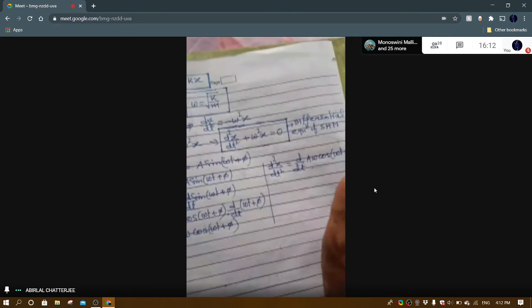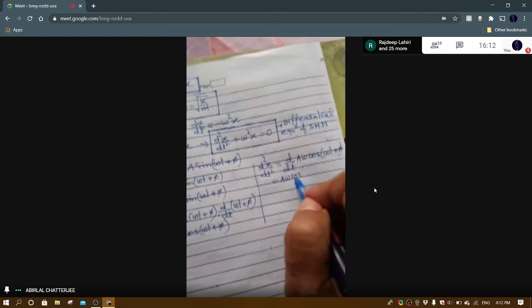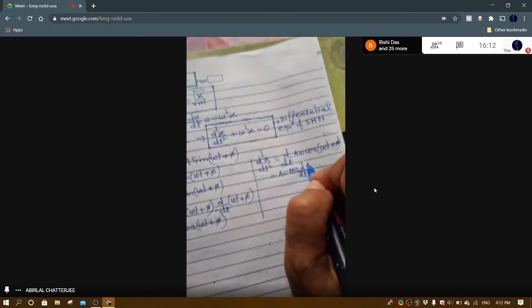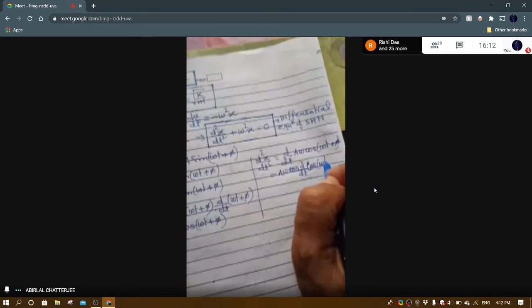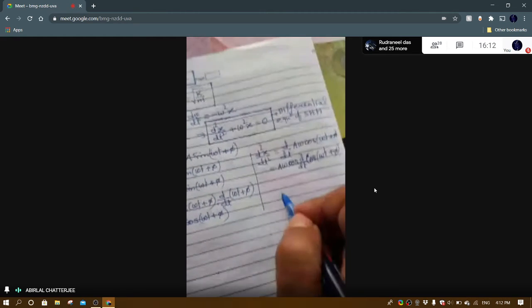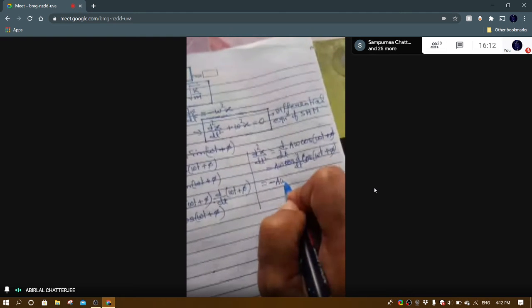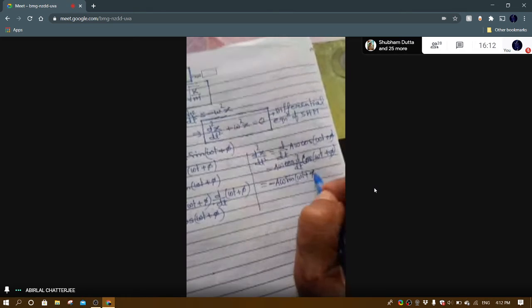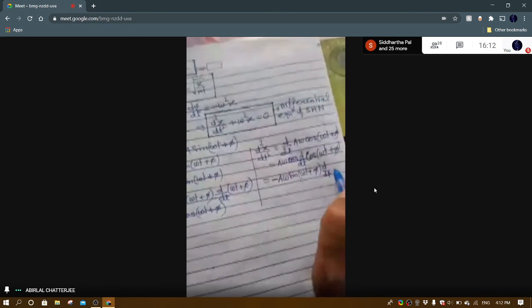So A omega comes out, d/dt of cos(omega t plus phi). Cos differentiation is minus sine, so minus at the beginning, A omega sin(omega t plus phi) into again chain rule, d/dt of omega t plus phi.